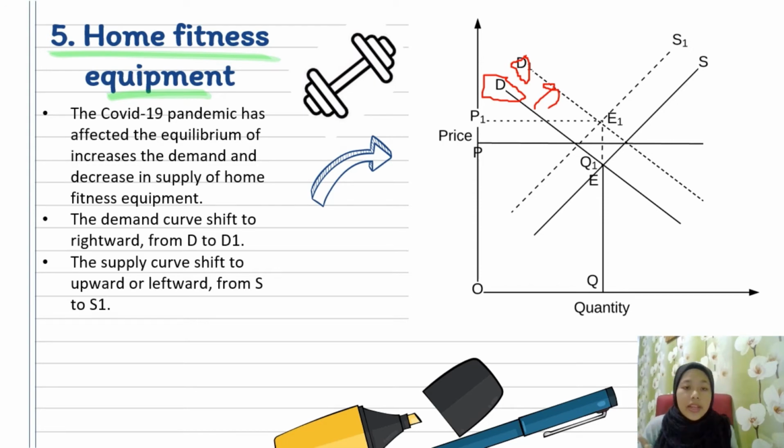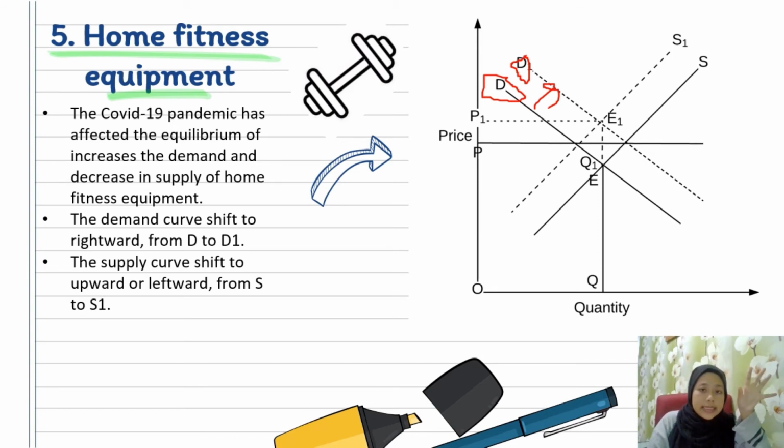Before the pandemic, home fitness equipment did not get any response from customers, because more people would like to go to the gym to work out or exercise there. At the gym, they have all the fitness equipment, but after the whole world was affected by the COVID-19 pandemic, our Prime Minister announced the movement control order, which is MCO.